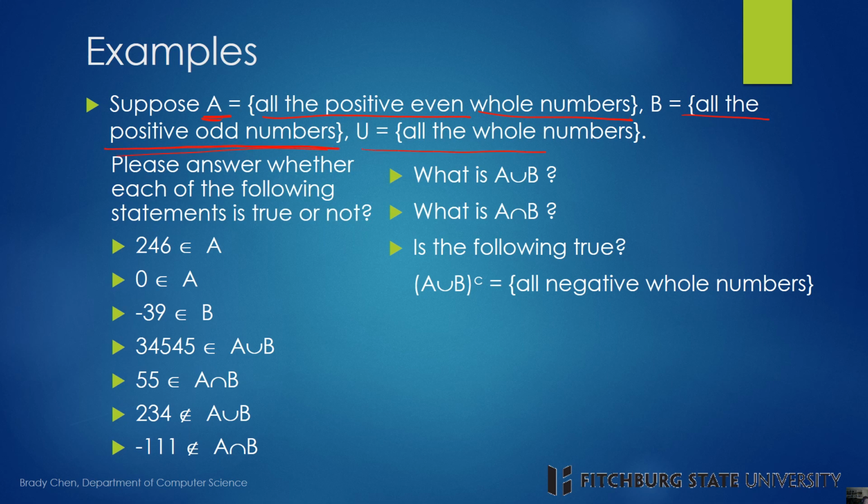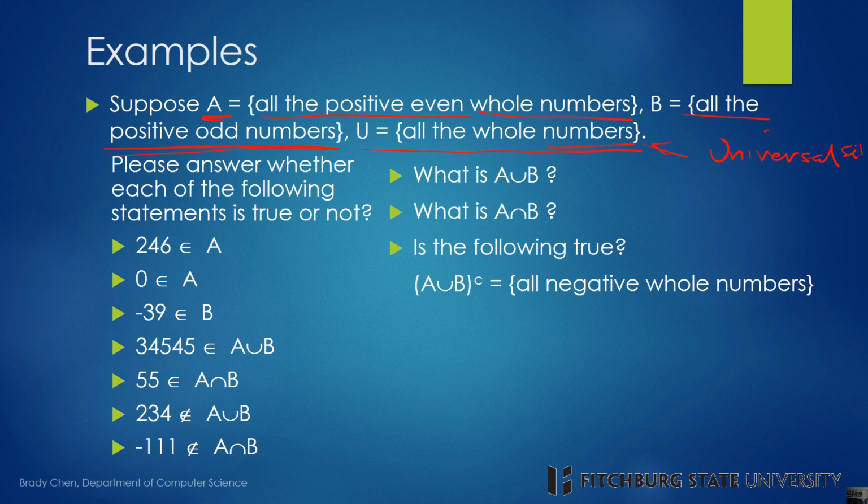And U is all the whole numbers. So that means that's the universal set, right? Now please answer whether each of the following statements is true or not.